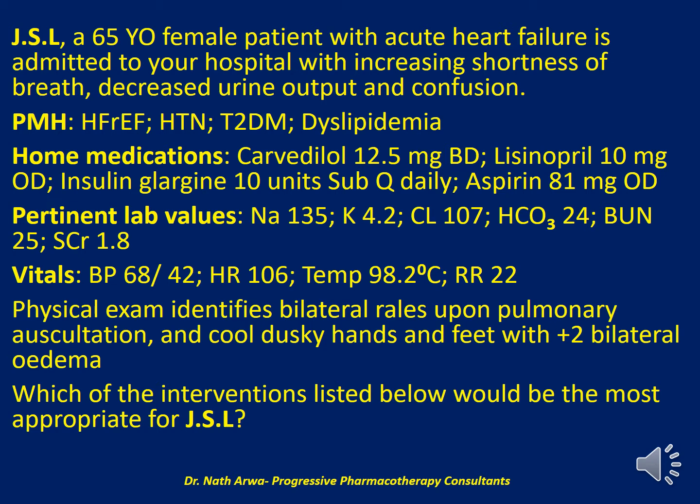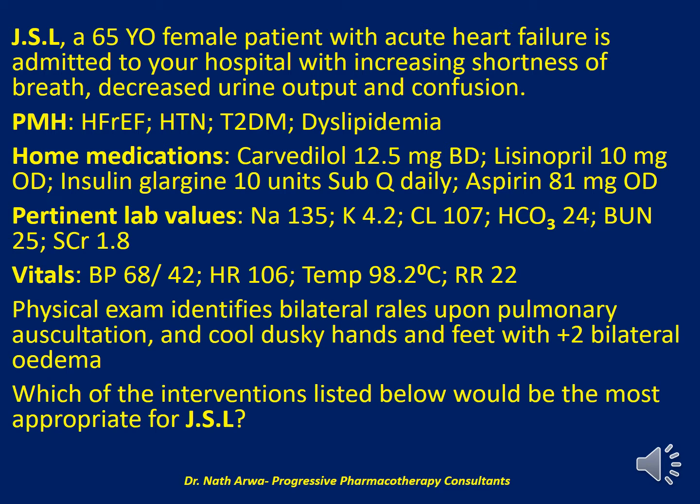Some of her home medications include 12.5 milligrams of carvedilol taken orally twice daily, 10 milligrams of lisinopril taken once a day, and she administers insulin glargine, her basal insulin, at a dose of 10 units subcutaneously at bedtime, and she also takes 81 milligrams of aspirin once daily orally.